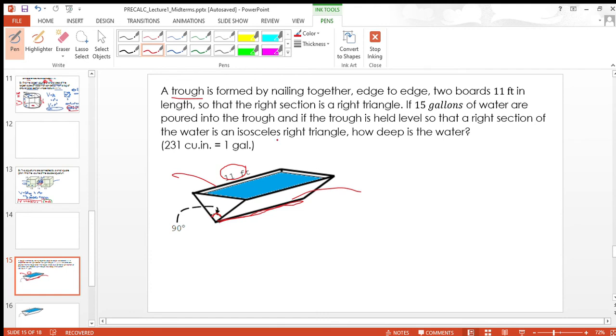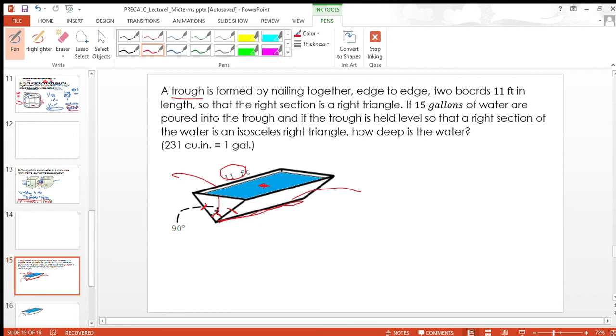So if 15 gallons of water is poured into the trough, and the trough is held level so that the right section of water is an isosceles triangle. So we have here an isosceles triangle. How deep is the water?